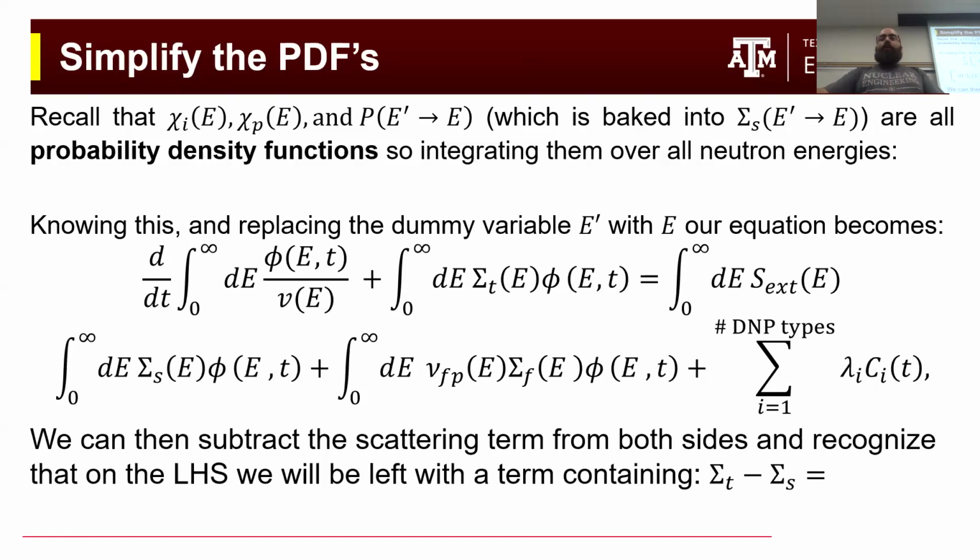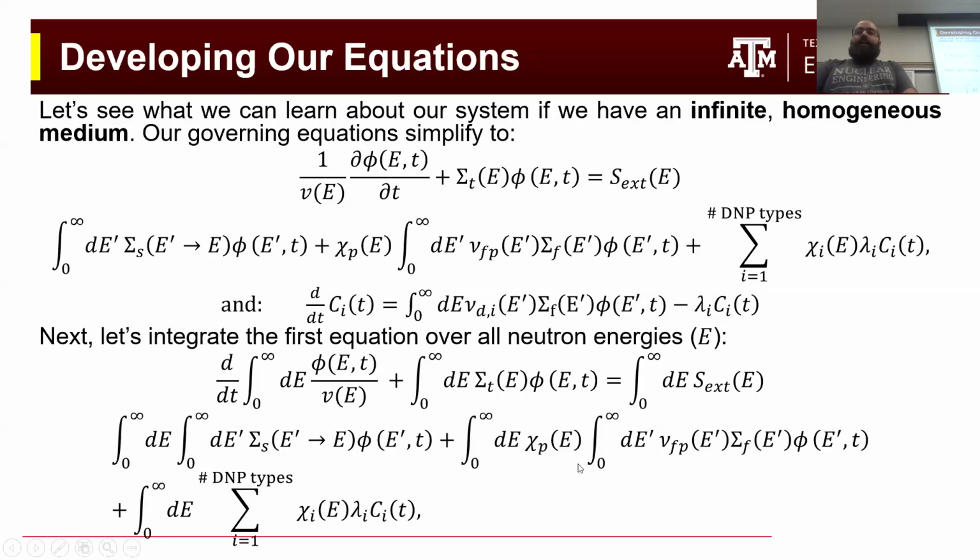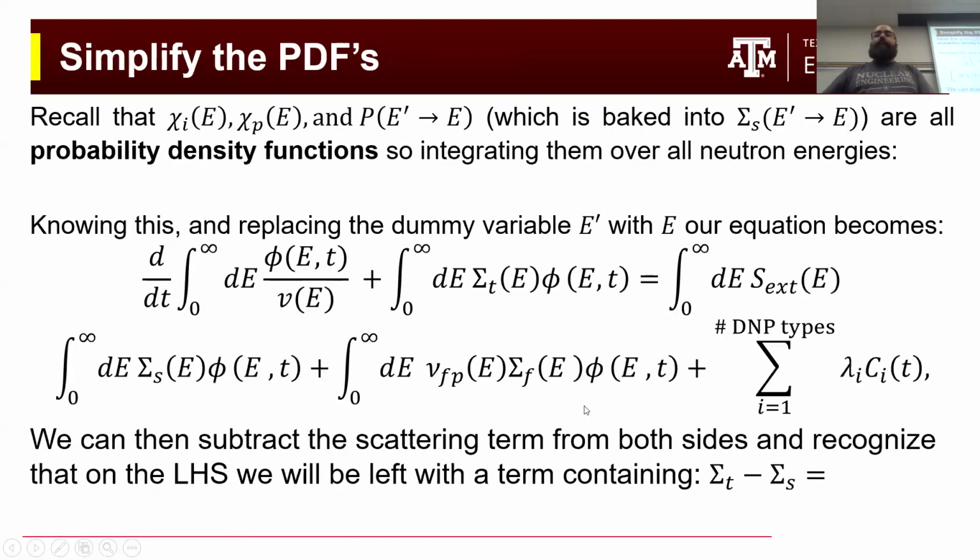So within our equations, notice that chi sub p is the prompt fission spectrum. We've got a chi sub i, which is my delayed neutron fission spectrum. And within my scattering term, there's also a probability density function. The probability that's baked into here, my chi sub i and my chi sub p, those are all probability density functions.